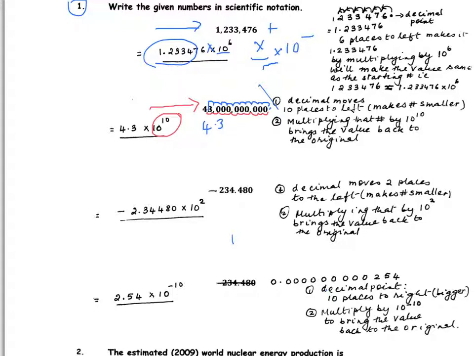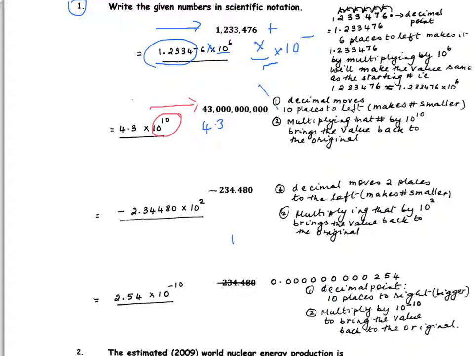So 4.3 times 10 to the 10th power is the same as 43 followed by 9 zeros. So that's 43 billion.